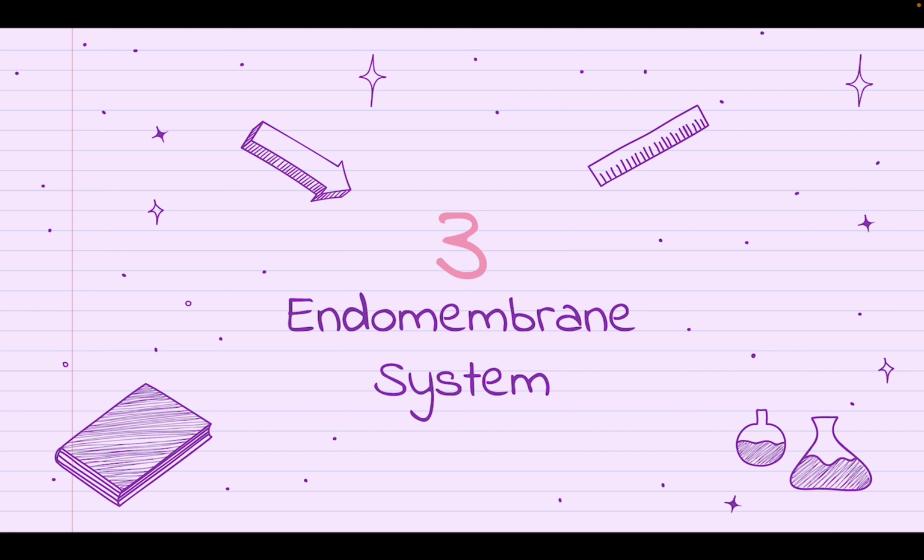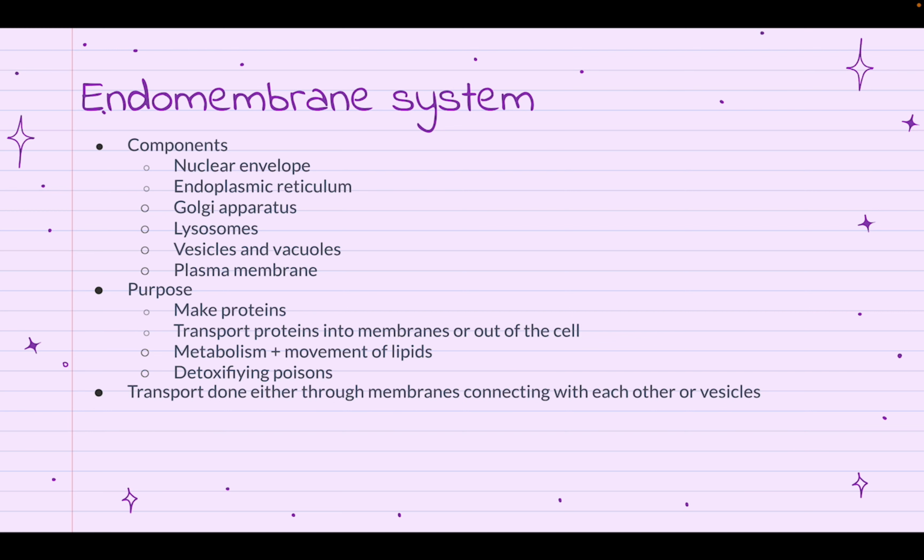Now we're going to talk about the endomembrane system and then the organelles within that. Here's some information on what the endomembrane system is. The components are the nuclear envelope, endoplasmic reticulum, Golgi apparatus, lysosomes, vesicles and vacuoles, and the plasma membrane. Its purpose is to make proteins, and also to transport said proteins into membranes or out of the cell.